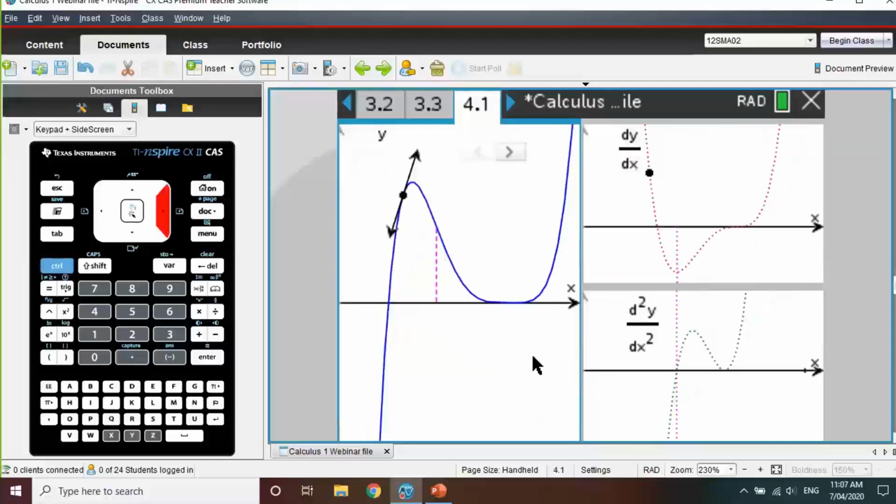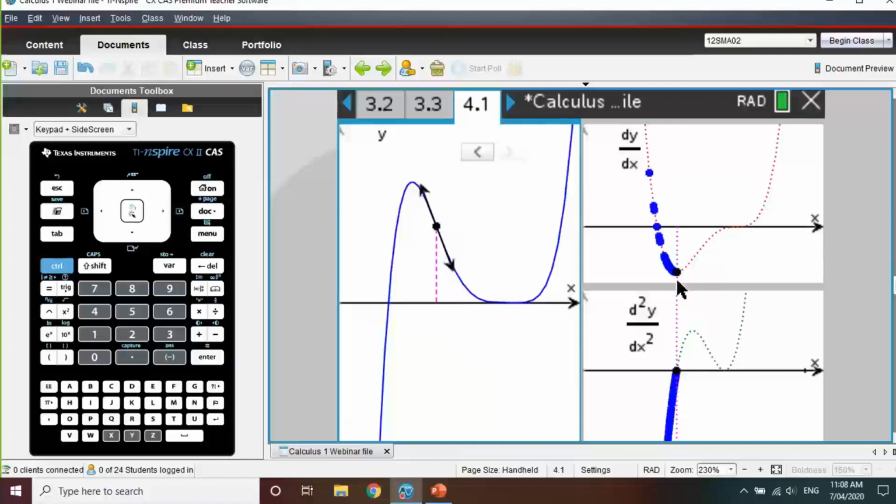In this polynomial here, once again, we can track what's happening as we move towards that point of inflection given by the pink line. As we go over the maximum there, the derivative is equal to 0. And as we're heading towards the point of inflection, bang, the second derivative is equal to 0.